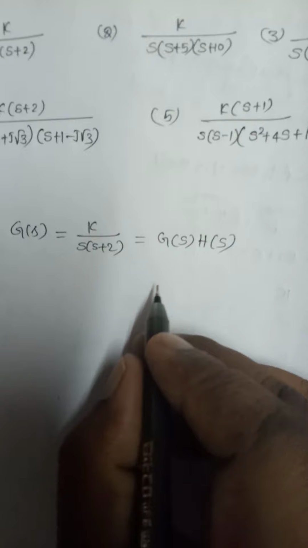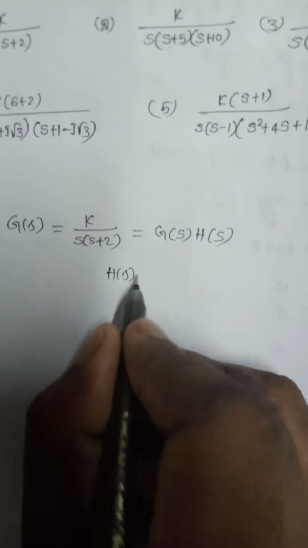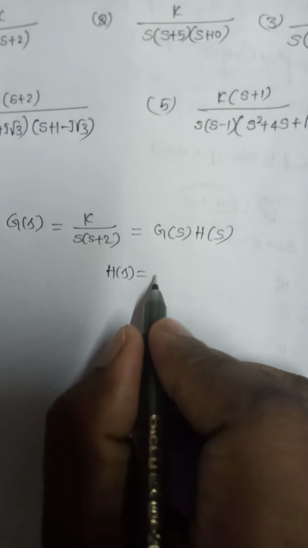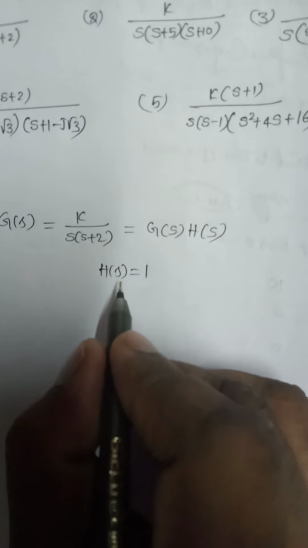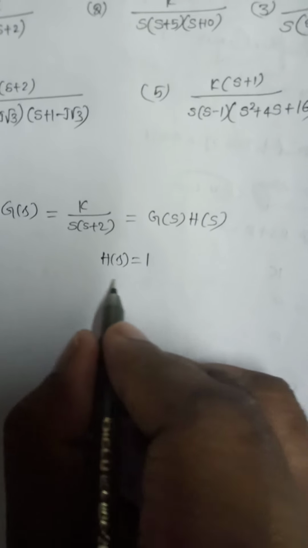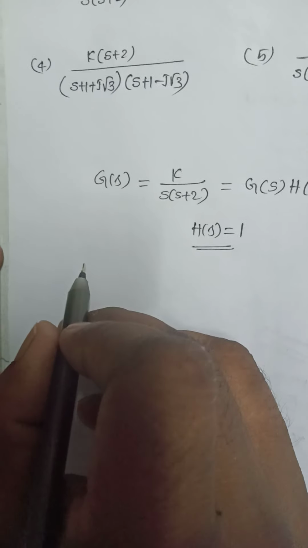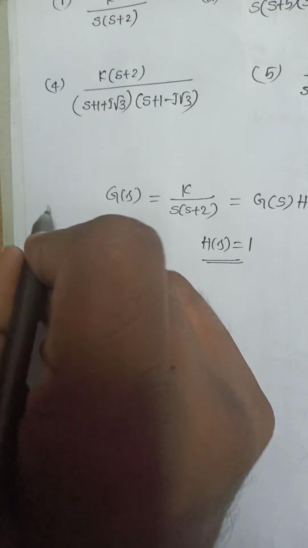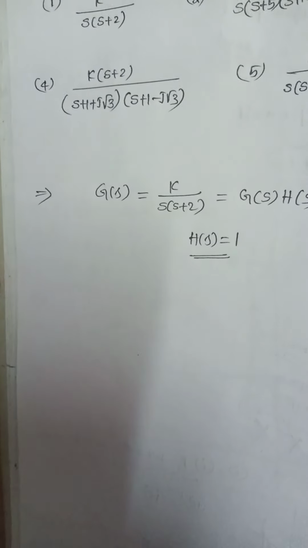But here H(s) is unity. We need to find the root locus for a unity feedback open loop transfer function. H(s) is equal to unity, so G(s)H(s) is nothing but G(s), that is equal to K divided by s(s+2) here. One example here.